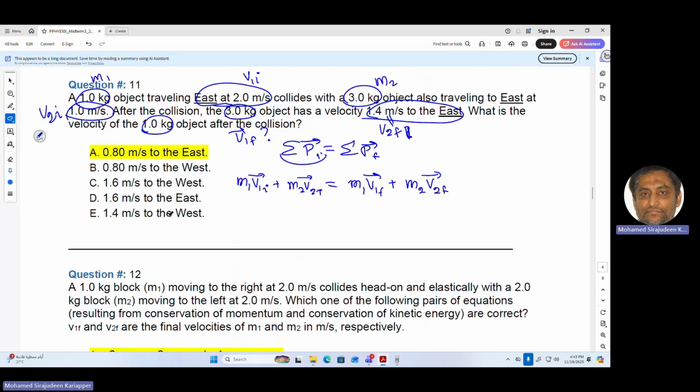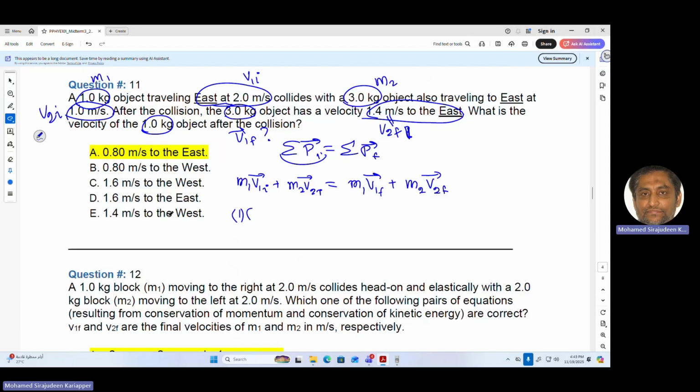So let's substitute. M1 is 1. Multiply by V1I. Again, this is a vector equation, okay? Sign is important, although it is only one dimension, so right side and left side, east, west. So all of them are east, right? So everything is positive. Because how can you have a collision if they are all moving in the same direction? It's possible because M2 is going slowly and M1 is coming fast.